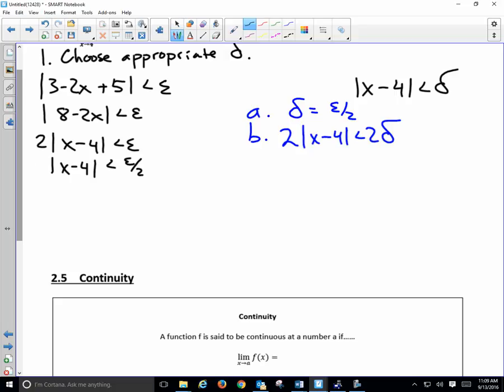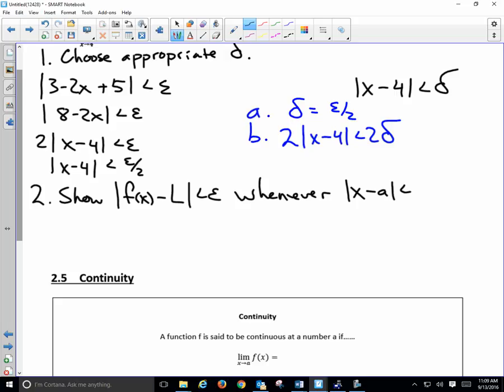So my second step is show the absolute value of f of x minus L is less than epsilon whenever x minus a is less than delta.